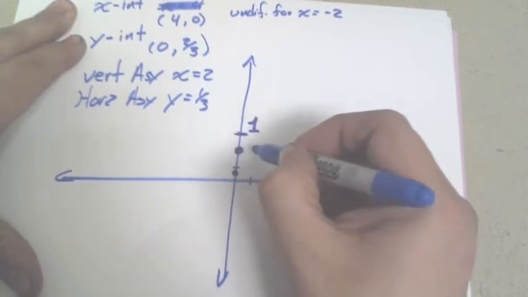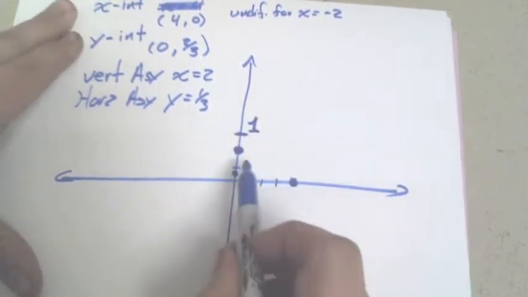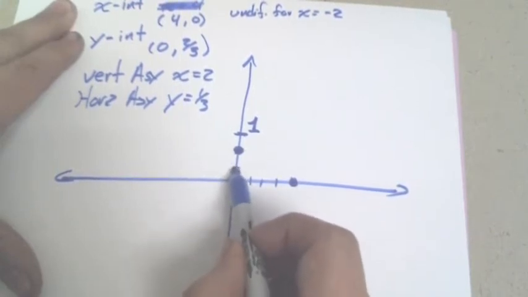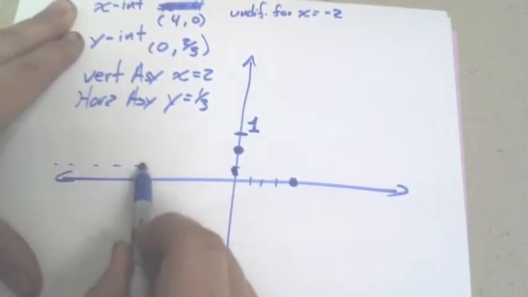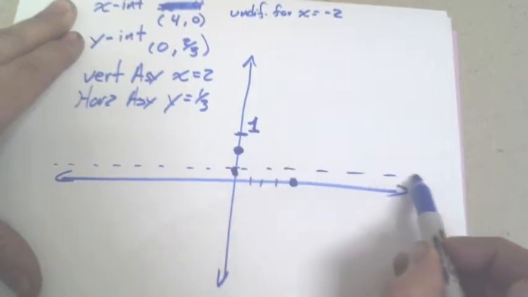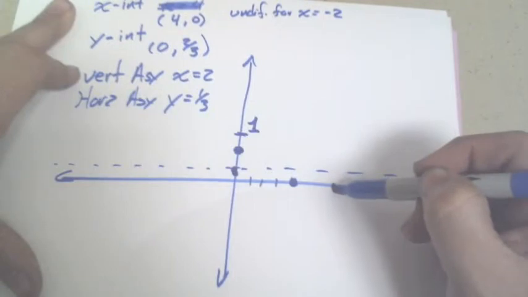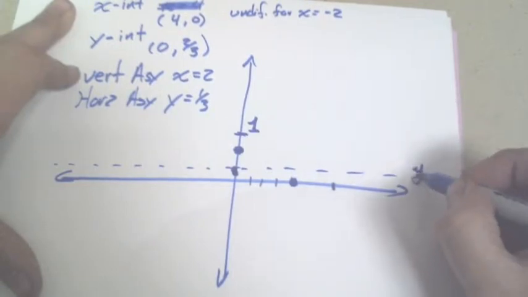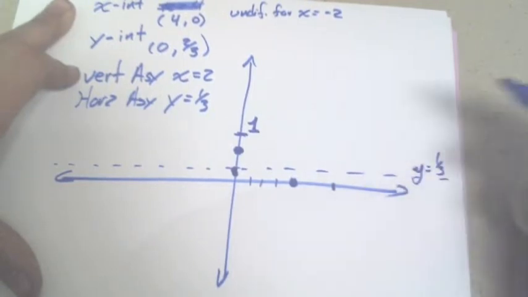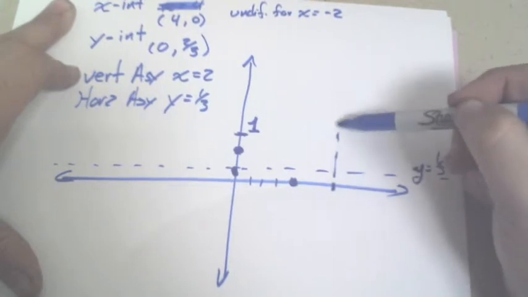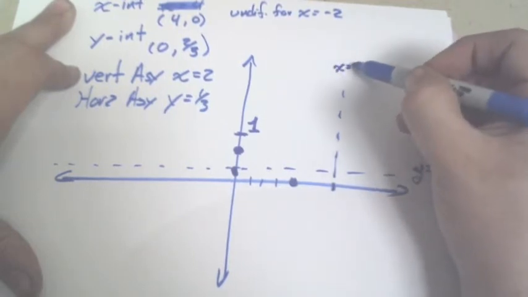So that's 2/3, so that's going to be our y-intercept. And down here at 1/3, we're going to have our horizontal asymptote, that is y equals 1/3. And a vertical asymptote here at x equals 2.